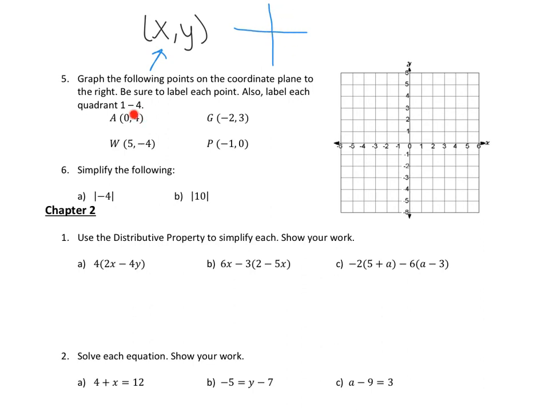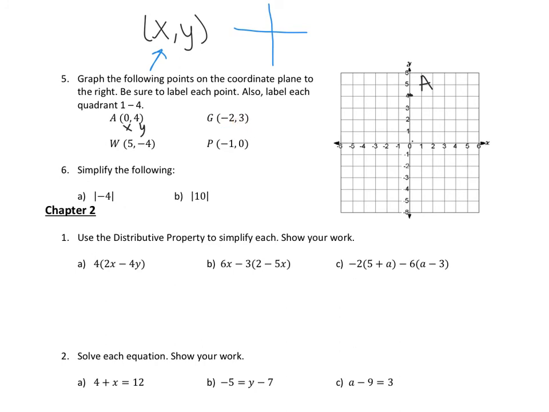So if my first one is 0, 4, 0 is my x, 4 is my y. I'm not going to move any sideways if I have 0, 4. I'm going to go over 0 and up 4 and make a dot. So that is going to be labeled A. G, I'm going to go left 2 and then up 3.